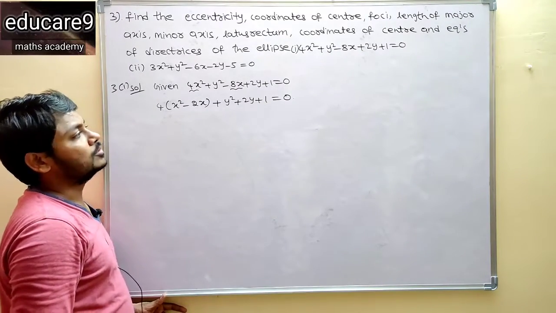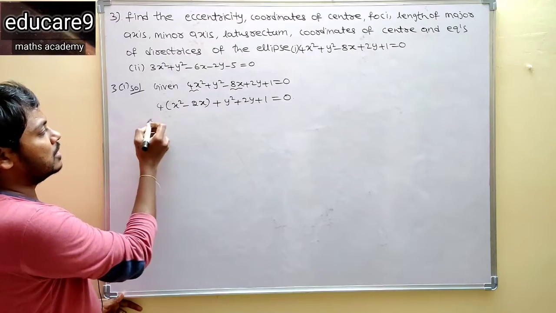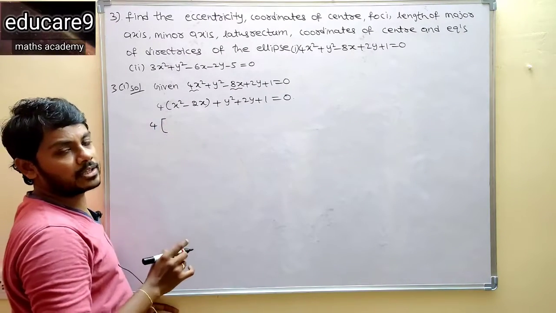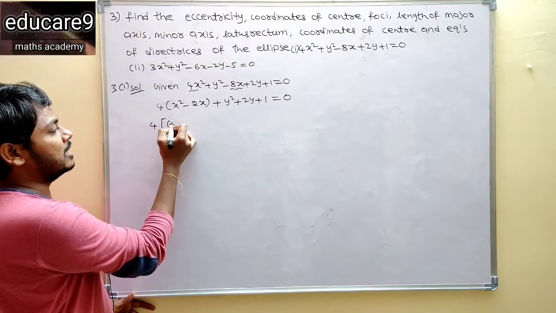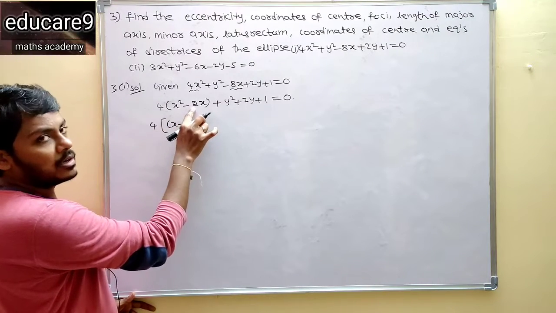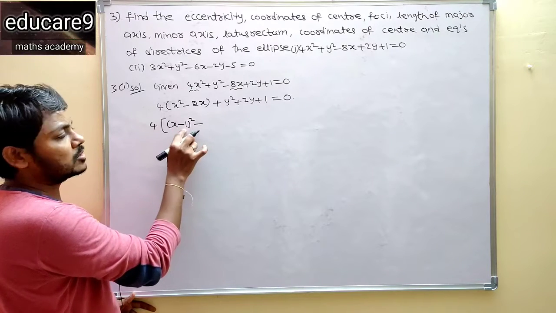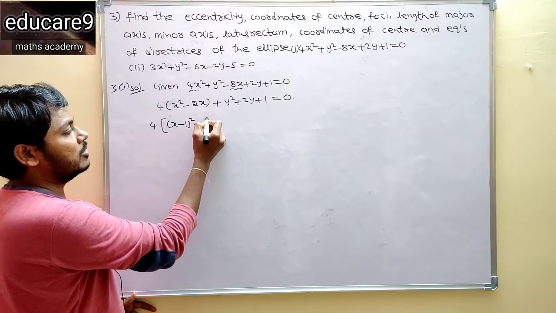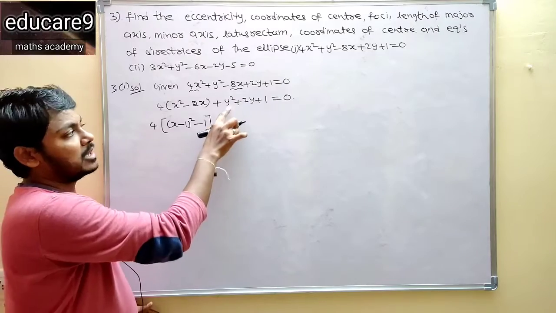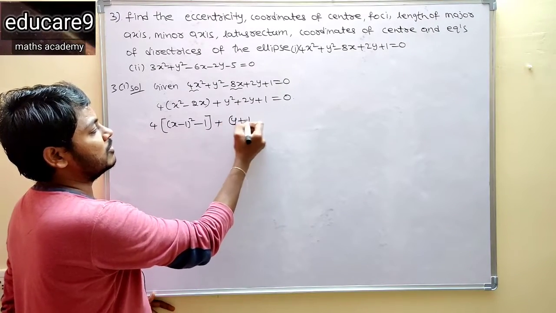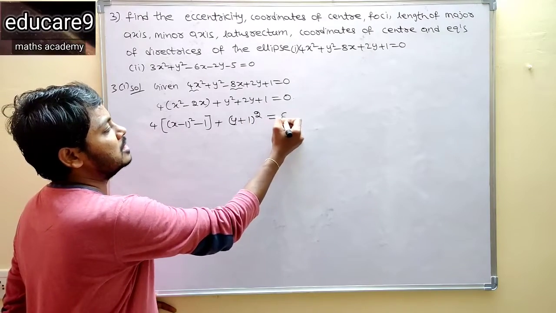Now 4 times (x square minus 2x) can be written as (x minus half of 2, that is 1) whole square minus the square of this one, you will get 1. Plus here y square plus 2y plus 1 can be written as (y plus 1) whole square is equal to 0.